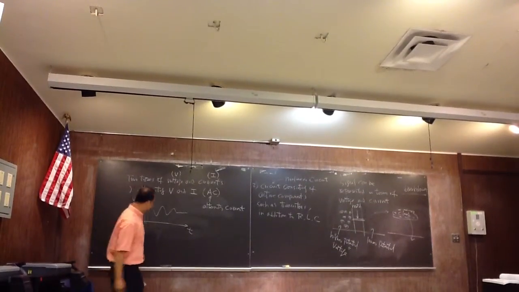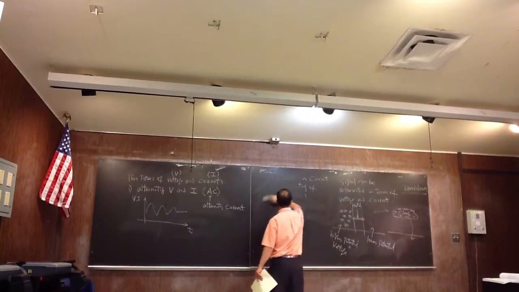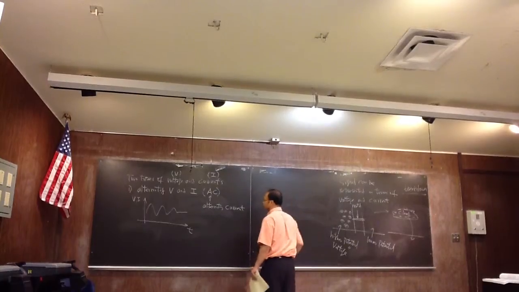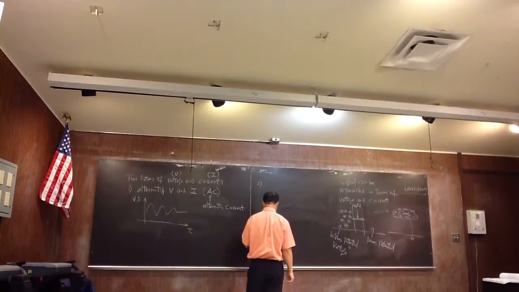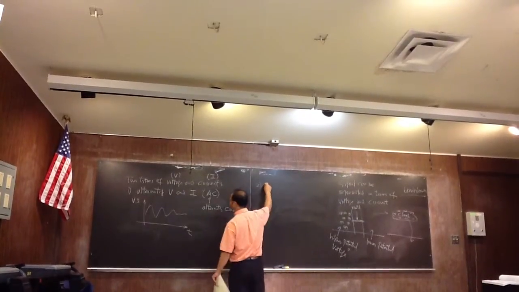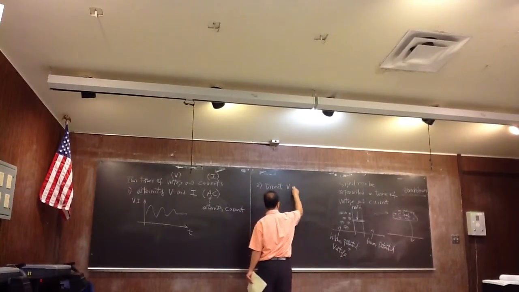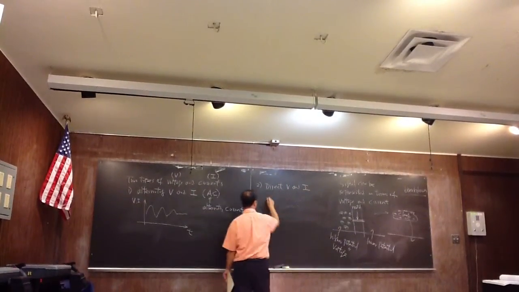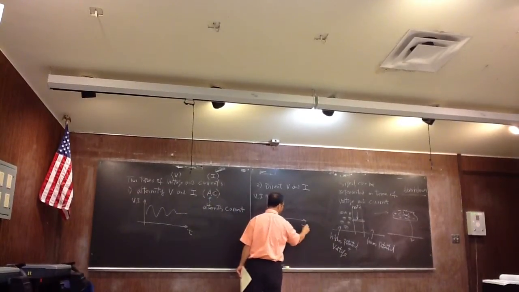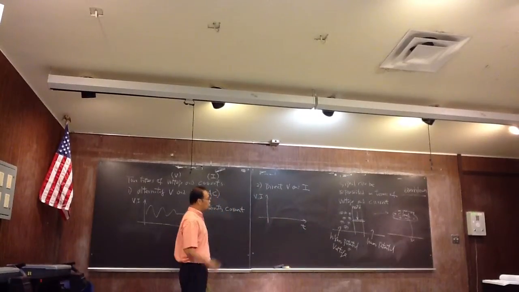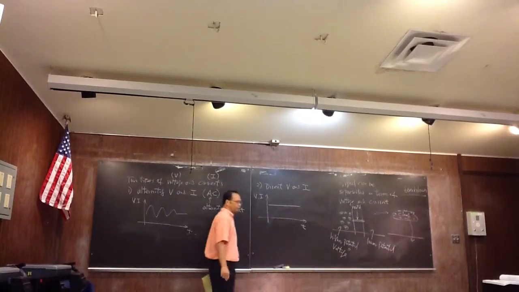The second type of signal is called direct V and I. If you plot the voltage or the current versus time, the waveforms are constant versus t.